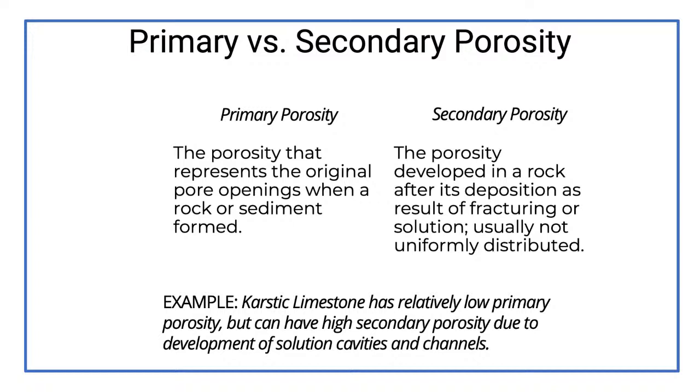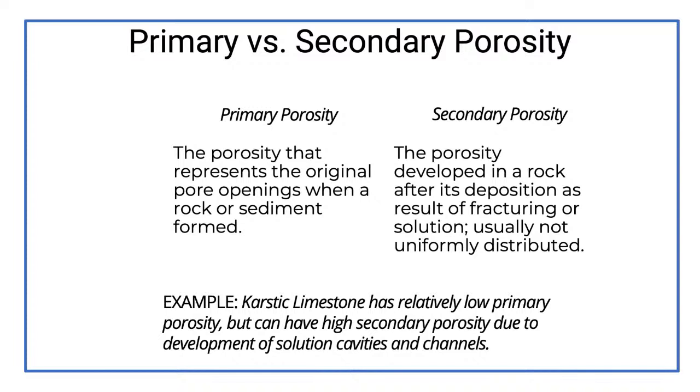Now, here's our secondary versus primary porosity. Primary porosity is the porosity that represents the original pore openings when a rock or sediment is formed. If you have a granite, that's going to be about zero. If you're in a sandstone, there's going to be some porosity there. If you're in a limestone, it's going to be very low unless you have karst limestone developed.